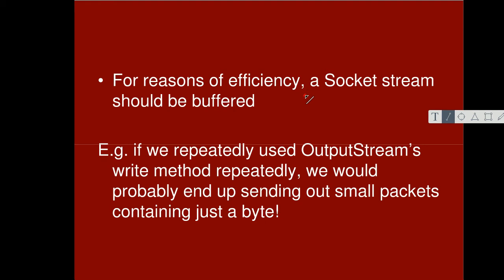And by doing that, I'll be able to send big chunks of data, rather than having to write data one little tiny chunk at a time. I'd rather transfer data one big chunk at a time. That's what I'm talking about, a stream being buffered.